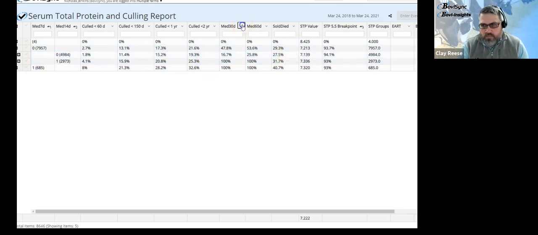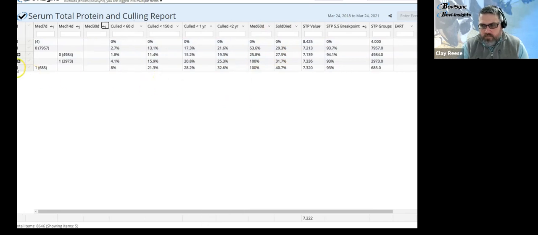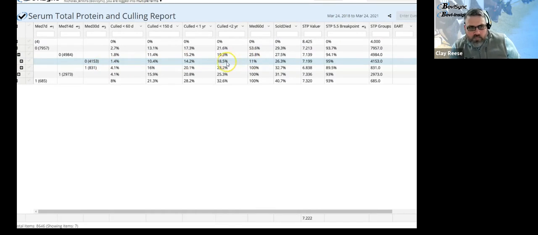So we can continue to go deeper. And so now we're looking at animals that have not had any medical diagnosis through the first 30 days of life. And you can see the difference in culling is nearly double.